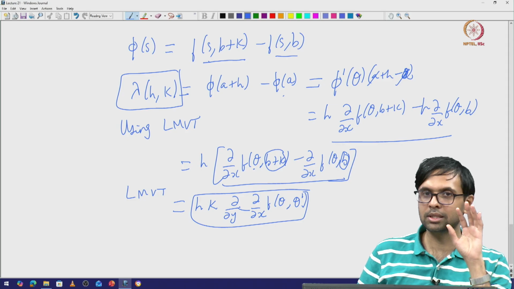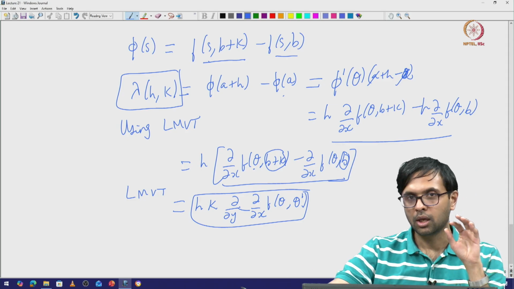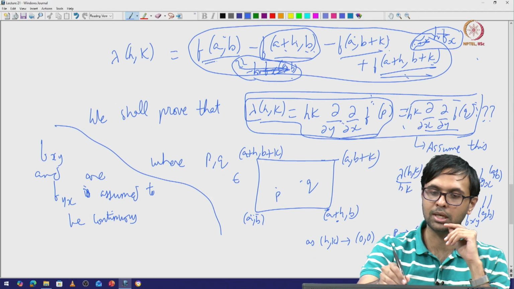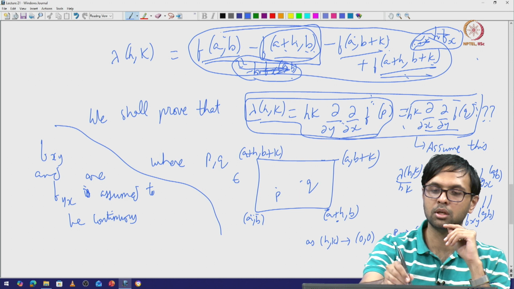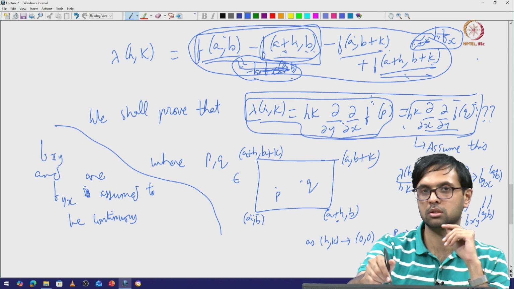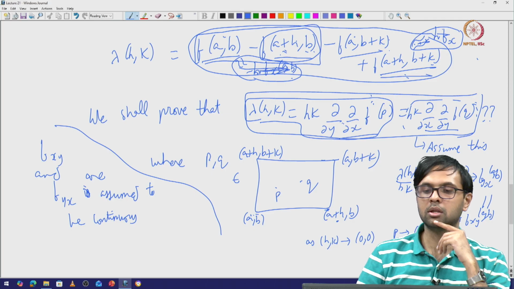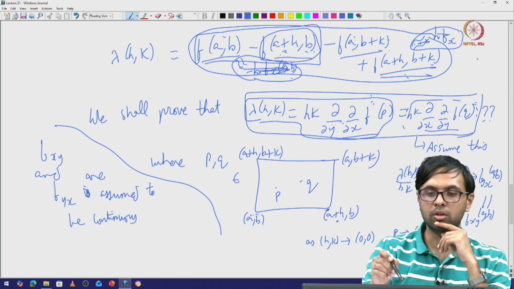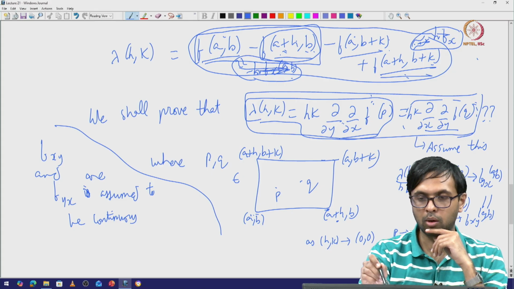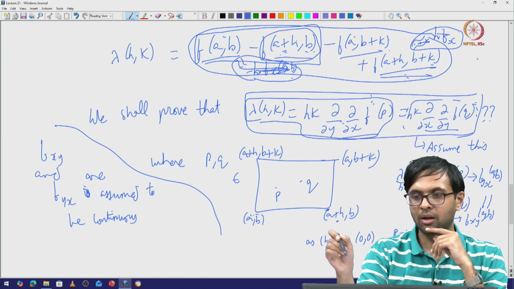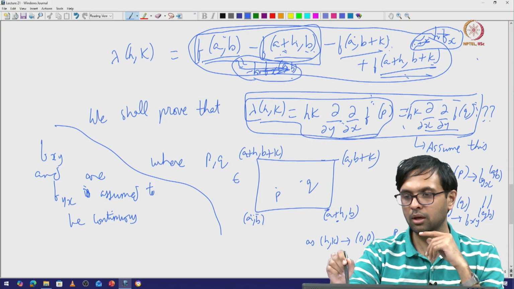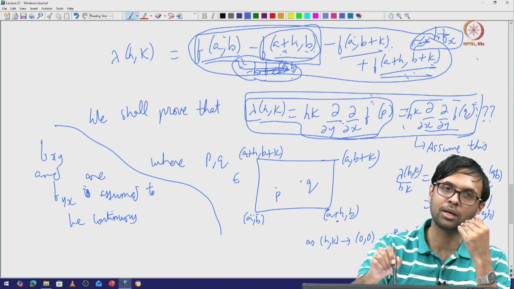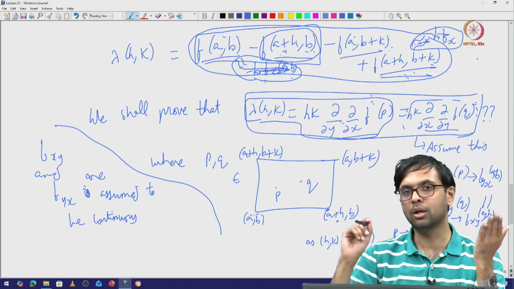Okay, so this is a slightly clever way of doing things. Naively what would we have done? We would have tried to make this exact by using the Lagrange mean value theorem at this level. Then we would have said this is h times the partial derivative of x with respect to a point theta 1 comma b. The trouble is when you play the same game here, the theta that you get is different from the theta that you get here. So you get two different thetas.